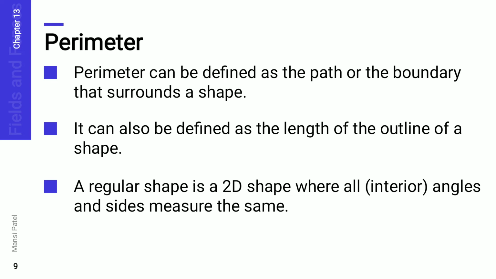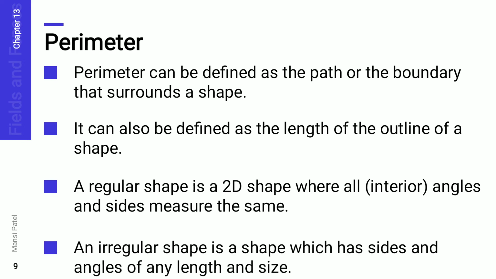If a square is given and one side of that square is 4, then if it is a regular square, all the sides of that square are the same, that is 4, 4, 4, 4. Then it is known as regular.